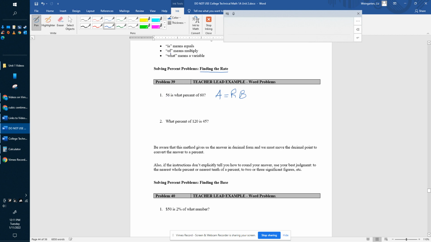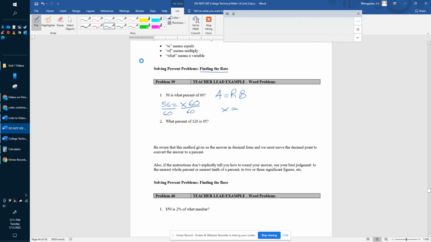So let's read this, looking at our algebra words. 56 is means equals what percent, X percent, of 60. Whenever you see what, you can think X. Solve for X, we'll divide both sides by 60. And let's see what we get X equal to.